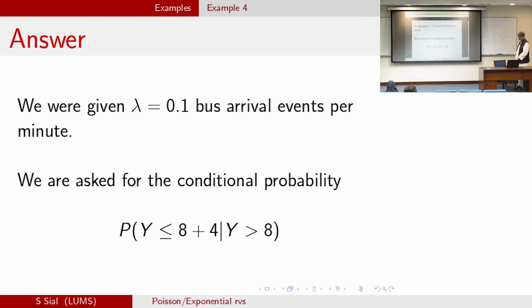It could arrive right now, or up to 4 more minutes later, and I've already been counting 8 minutes. So what's the probability that the waiting time is less than 12, given that the waiting time is already bigger than 8? This is the conditional probability I've been asked for.